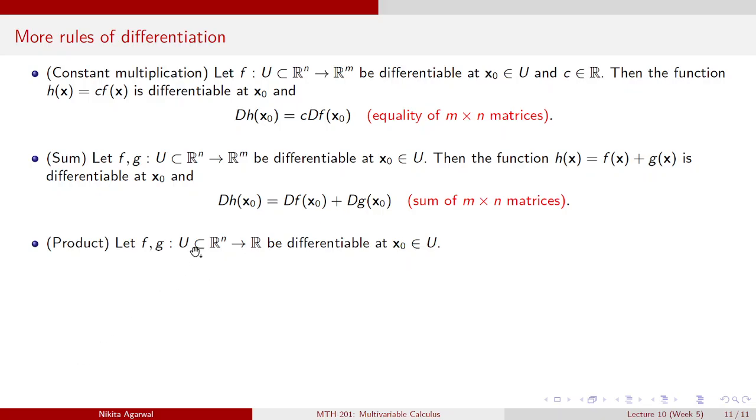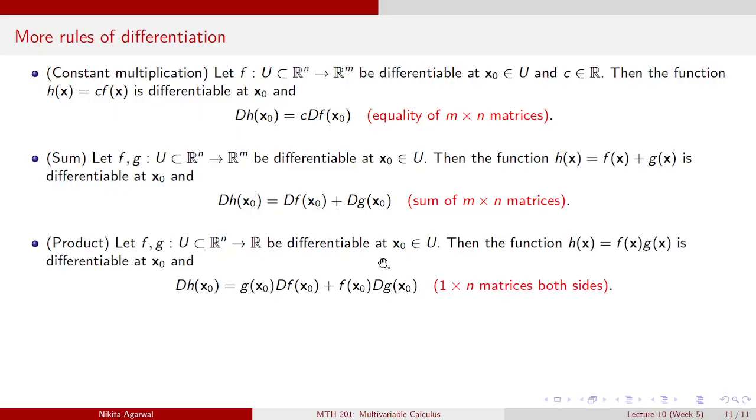If you have two functions which are differentiable at a point, then their product is differentiable at that point, and you have this product rule. You can understand it like in one variable, where the derivative of f times g is f times the derivative of g plus f prime times g. It's the same thing. Instead of prime you have derivative matrices.